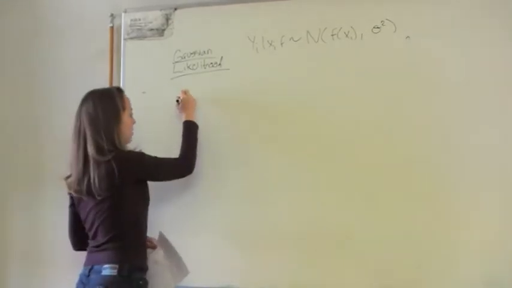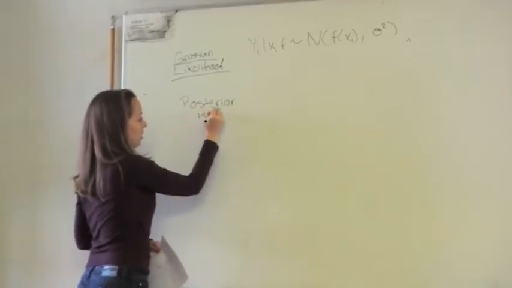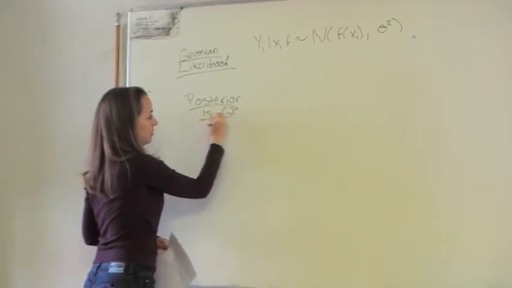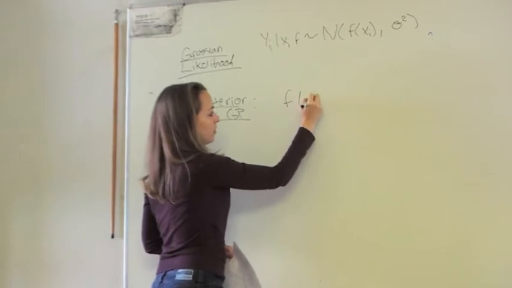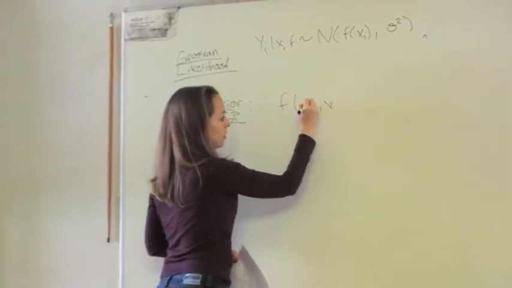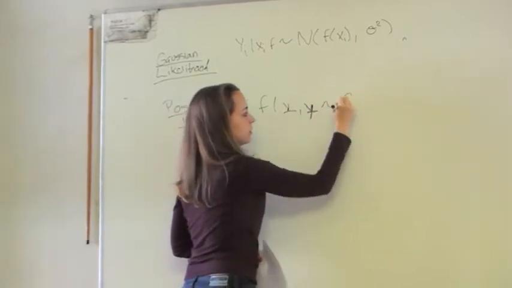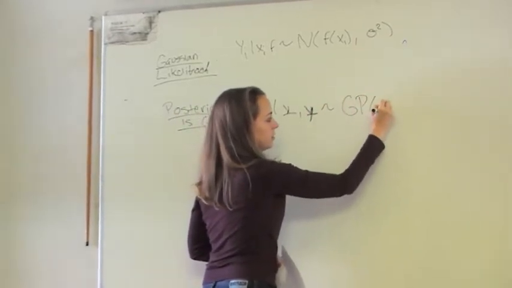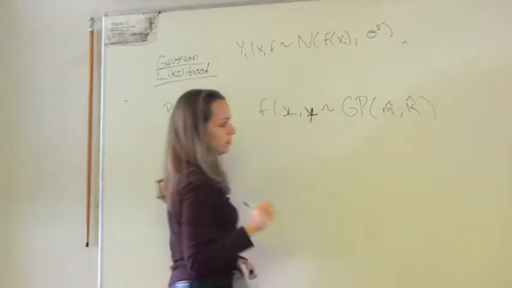So the posterior is still a Gaussian process. So f given our data is still a Gaussian process with updated mean and covariance function.